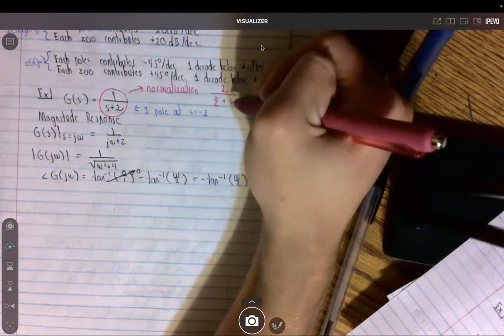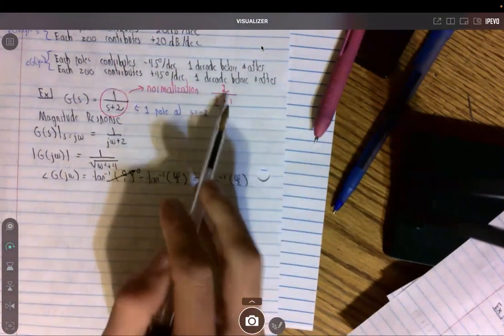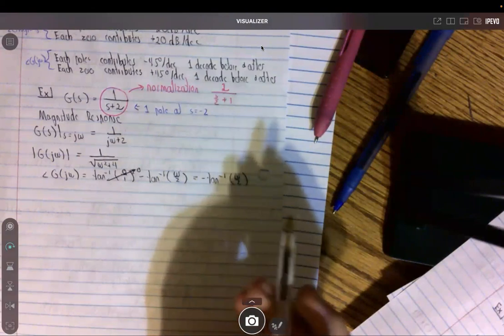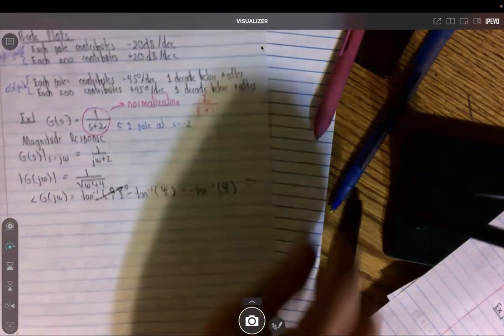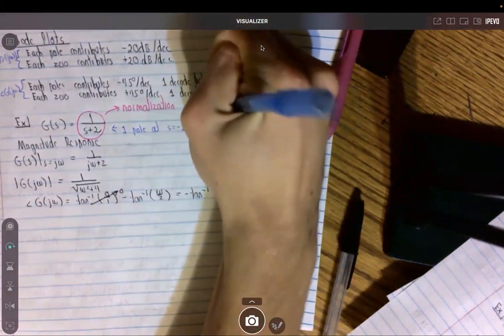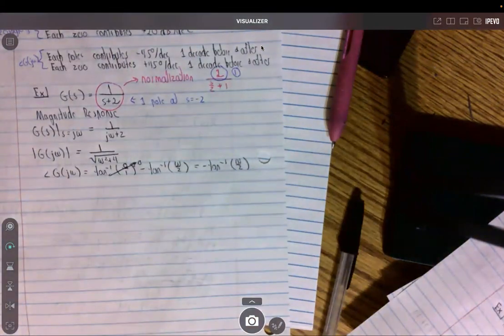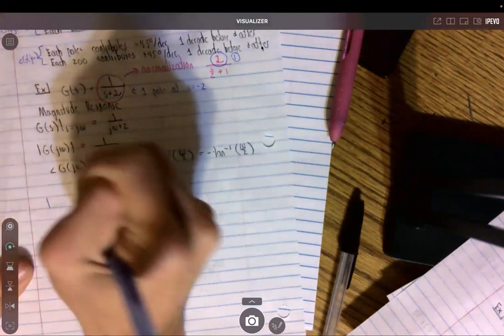So what we're going to look at for the magnitude plot versus the phase plot is, from this equation, how can we determine the magnitude and how can we determine the phase? So you're going to look at each one of these individually. Let's look at the numerator first.